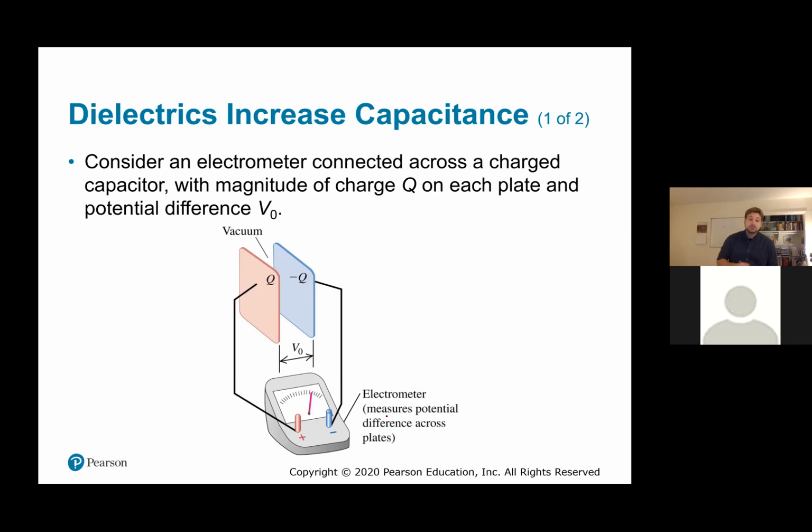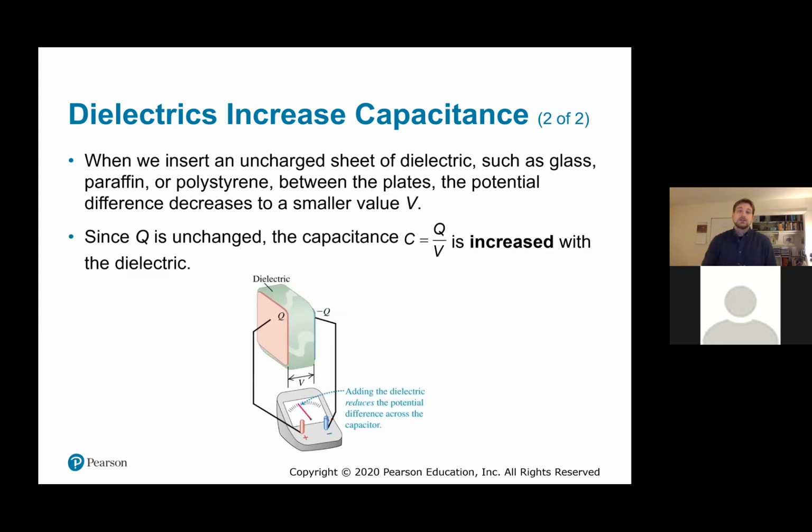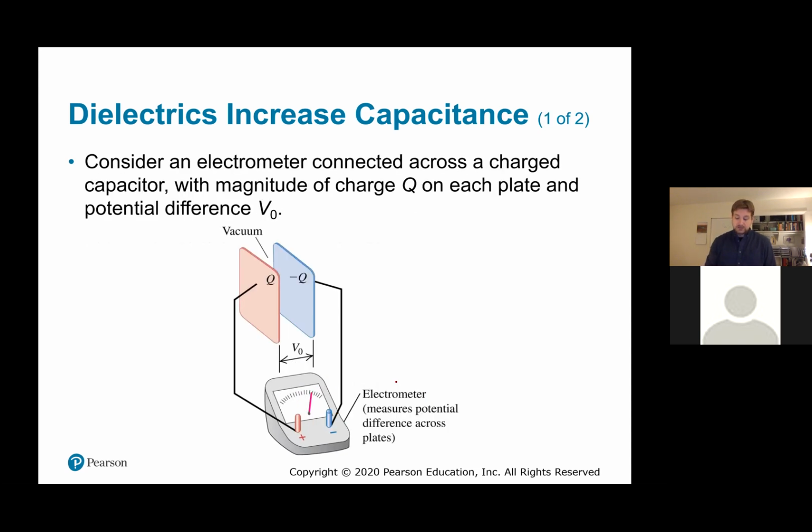If we're using vacuum, that's fine. If we use a dielectric, we didn't change anything about the charge that's stored. We're just measuring the potential difference across the two plates from one to the other.